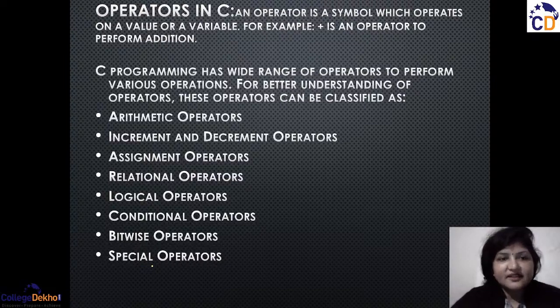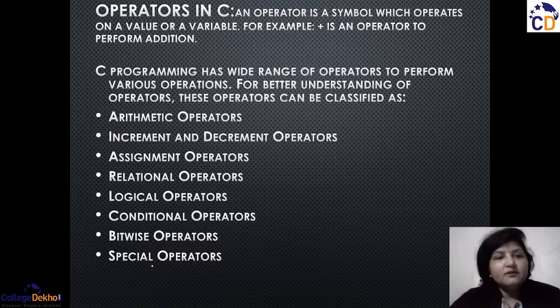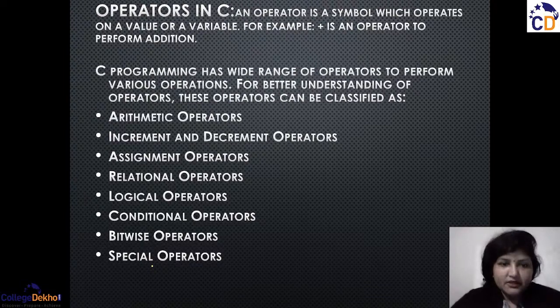Let us understand the operators, which can be classified as arithmetic operators, that includes plus, minus, division. All these operators come under arithmetic operators. Then we have increment or decrement operators, double plus and double minus, for representing increment and decrement in the program. Assignment, the equal to sign is used as an assignment operator.